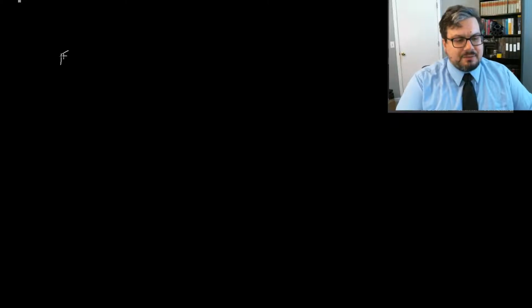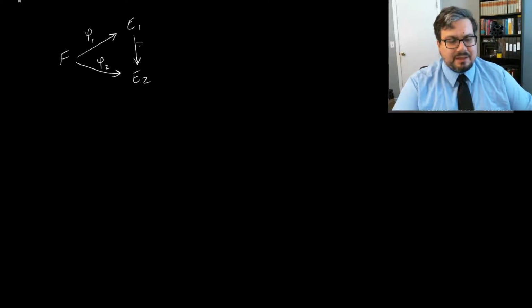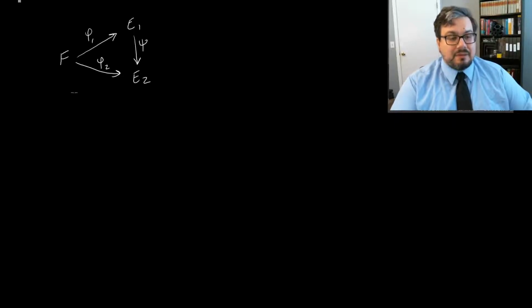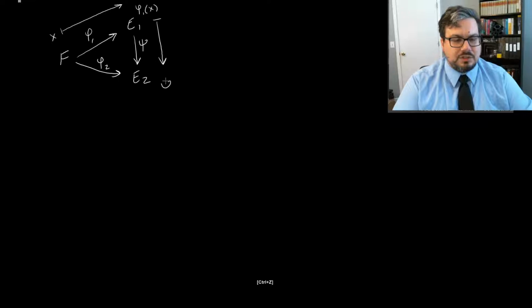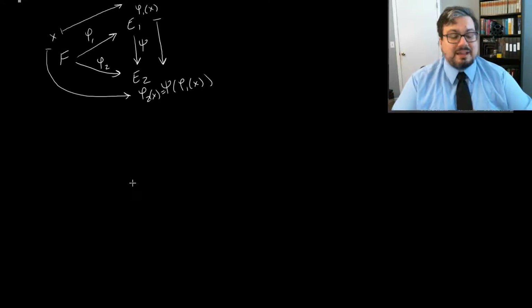So the situation is that we've got a field F and we've got two injective ring homomorphisms to E1 and to E2, where E1 and E2 are the extension fields of F. And then psi here is a homomorphism of F extension fields if, when you go from an element of F to an element of E1 and then use psi to go from there to an element of E2, you get the same thing as if you applied just phi2 to x to begin with.